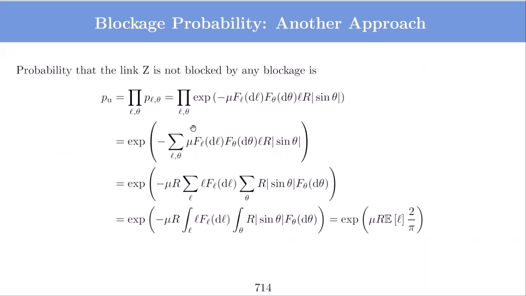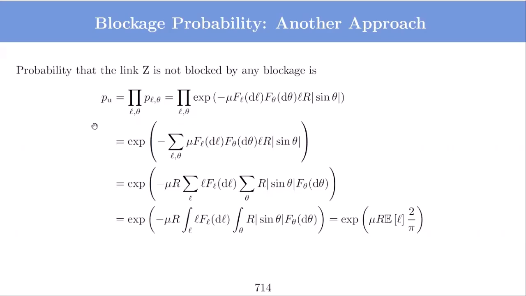Now the link is not blocked by any of the blockages. It means you have to consider all these subsets of blockages, and then the link should not be blocked by any of them, right? And because they are independent, thinning, we have proven this result that if you thin a point process and get two different point processes, both will be Poisson and both will be independent of each other.